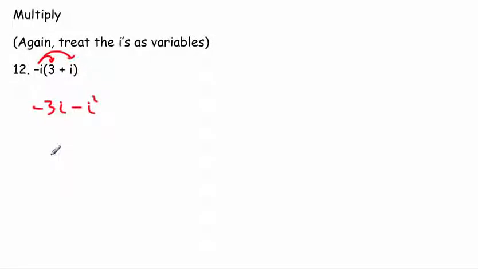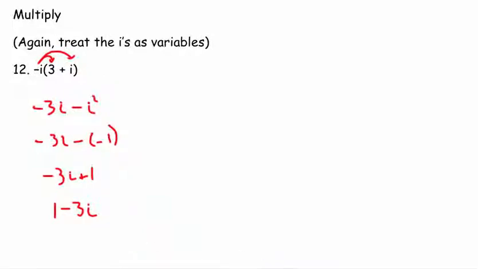Now, I have to remember from several slides ago that i squared equals negative 1. So this is going to give me negative 3i minus a negative 1. And hopefully you remember that when we subtract a negative, we're adding. So this is going to be negative 3i plus 1. Switch this around, so my real part's first, and I get 1 minus 3i.